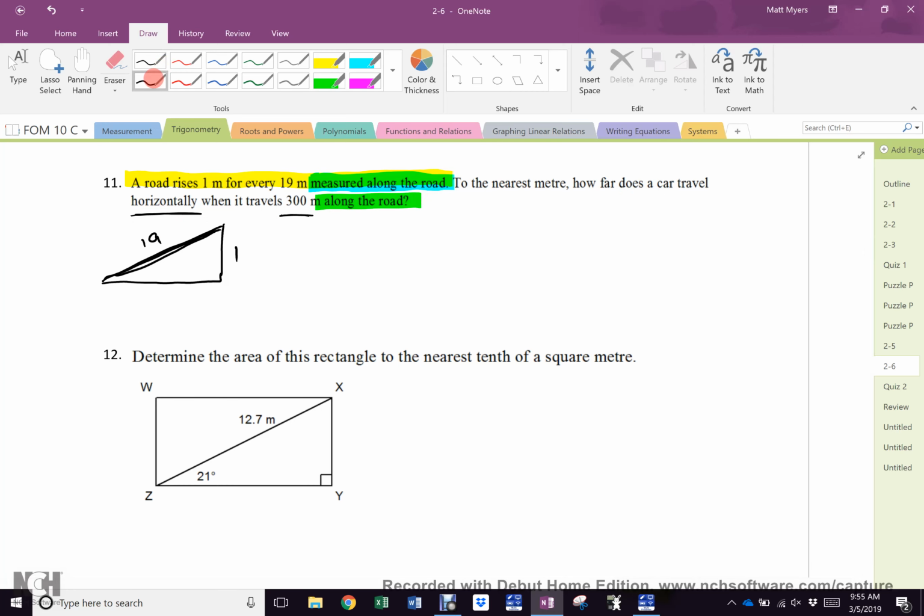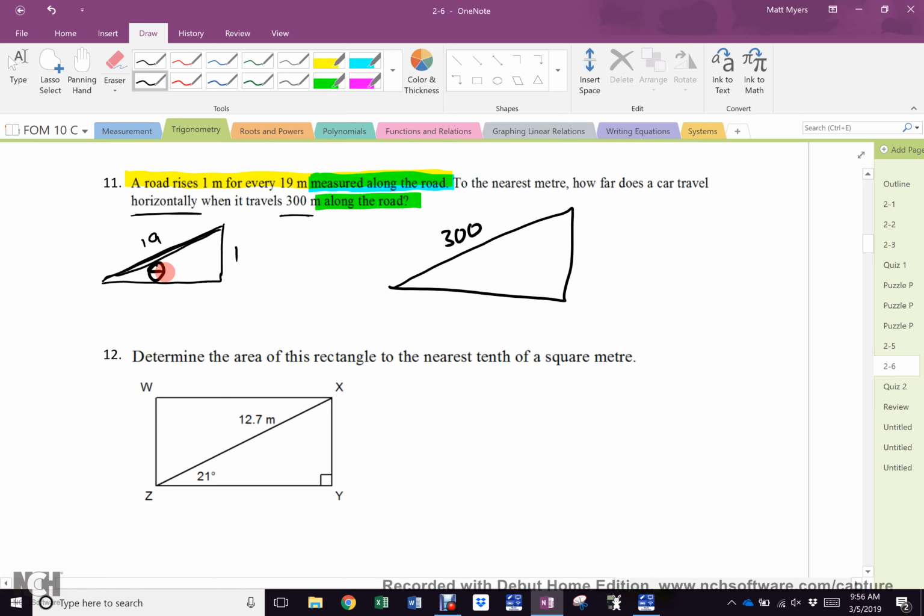So I have a new triangle, yes? What do I know about this triangle? I know that this is 300, don't I? It is a scale diagram. We could solve it with that thing we did on the very first day where we make the fractions that you learned how to do in grade 9. We could also solve it with trigonometry, couldn't we? Because in this question, I can find theta, can't I?